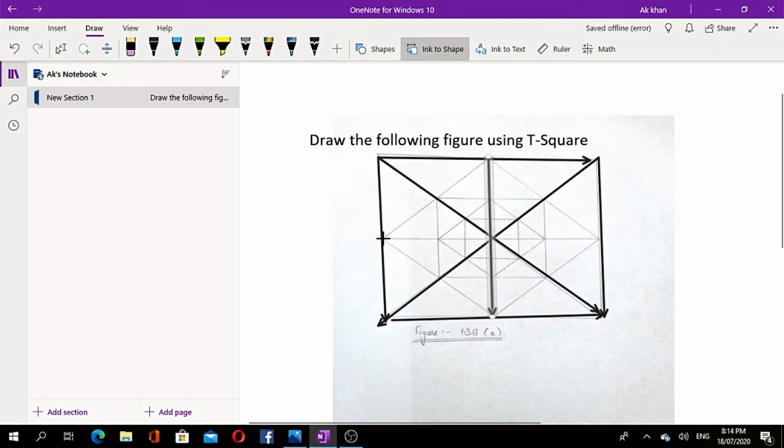This diagram seems difficult on the first side, but it is very simple. Now join these ends. Now join this.